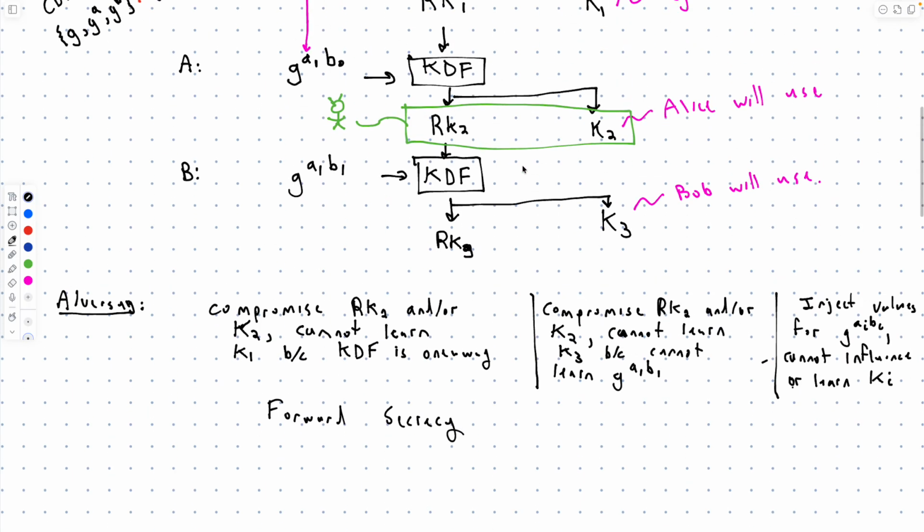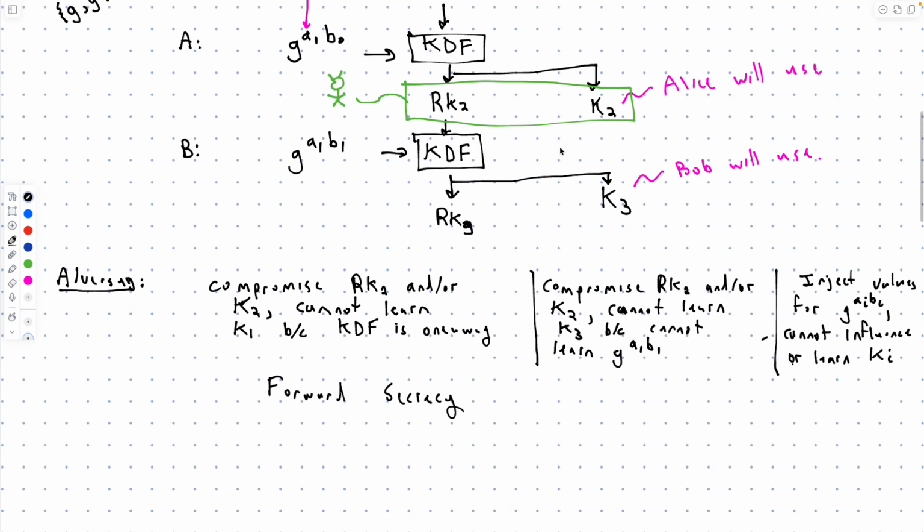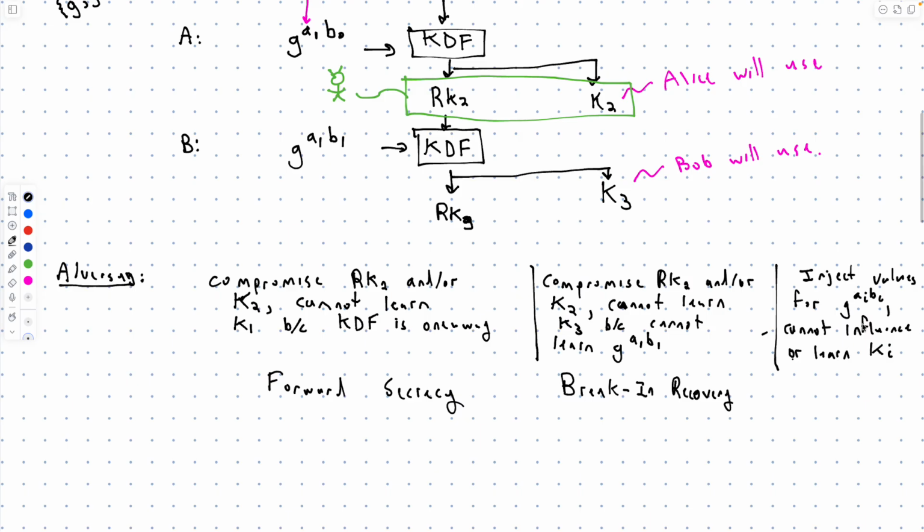Here, the idea that if I compromise, they can recover the conversation, we call break-in recovery. And the last one, if I can't inject things, we just call resilience.